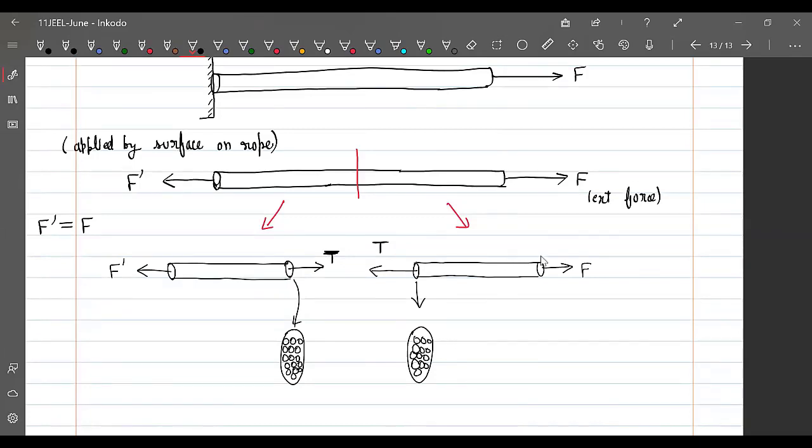So when you apply force at the end, this surface will not let go of that surface, and it will apply a force on it. Let us say the net force is T. Although the force by individual particles would be quite complicated to calculate, the result is that the force applied by this surface on that surface is T, and likewise the force applied by that surface on this one is again T.